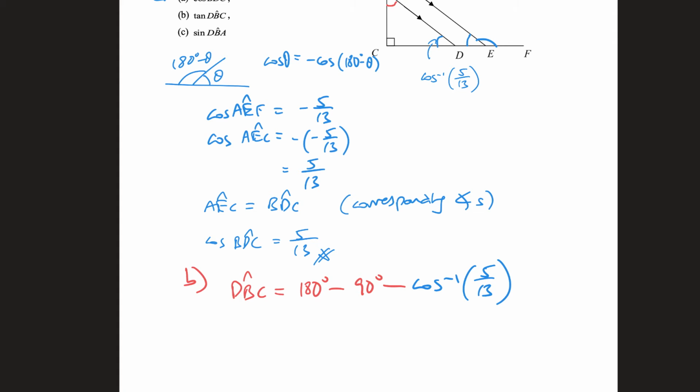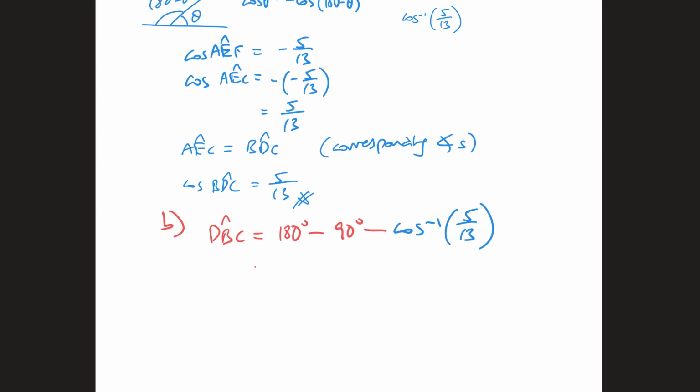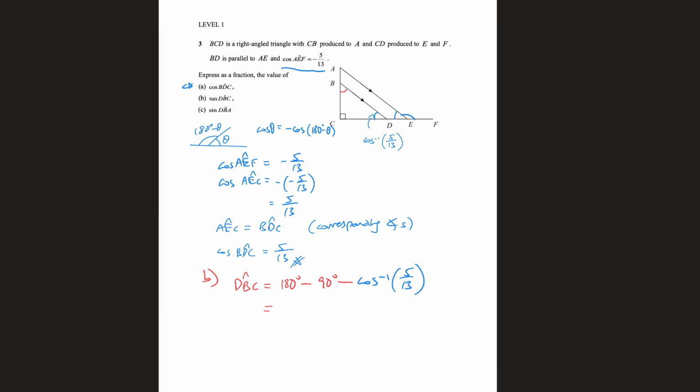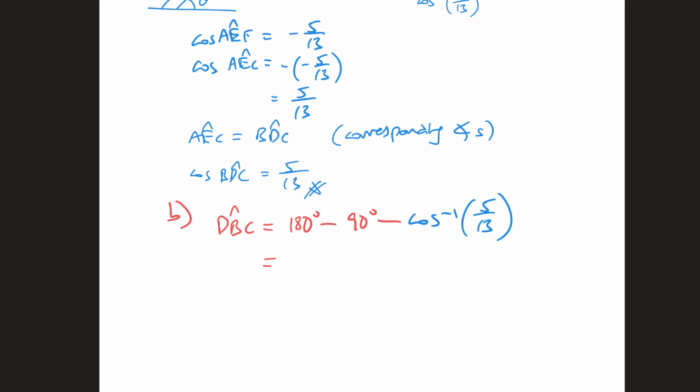Once again, you can key in cosine inverse 5 over 13 and have a whole string of decimals, but I just like to keep it this way so that I don't accidentally round it up or down. In fact, we don't just need DBC, we need tangent DBC. So I'm not even going to simplify too much over here. I'm just going to leave it as 180 minus 90 is 90, and I'm going to leave it as this, minus cosine inverse 5 over 13.